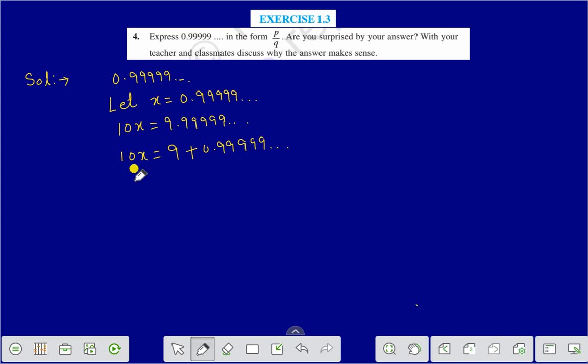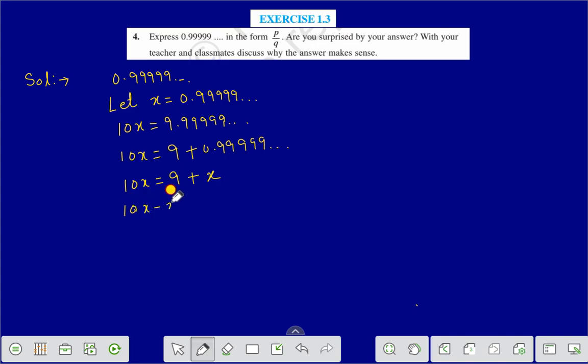This is the value of x, 0.99999, therefore 9 plus x.